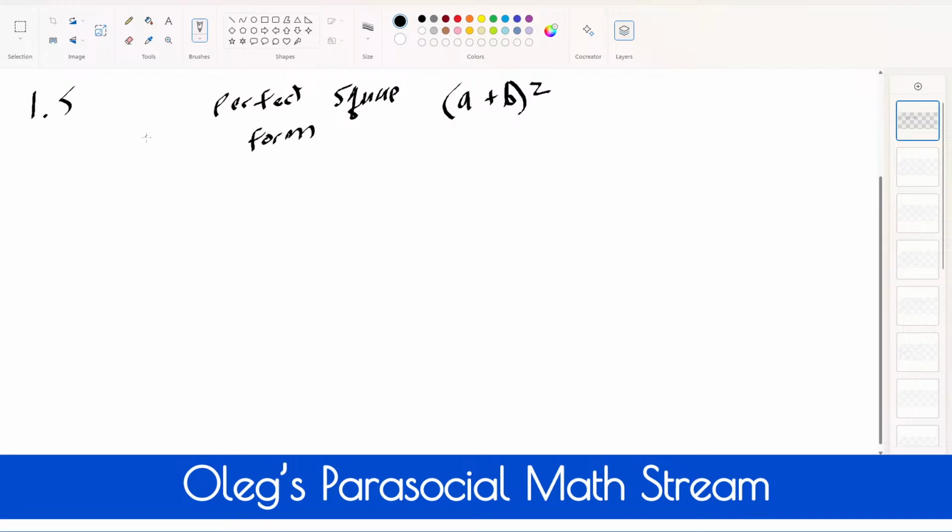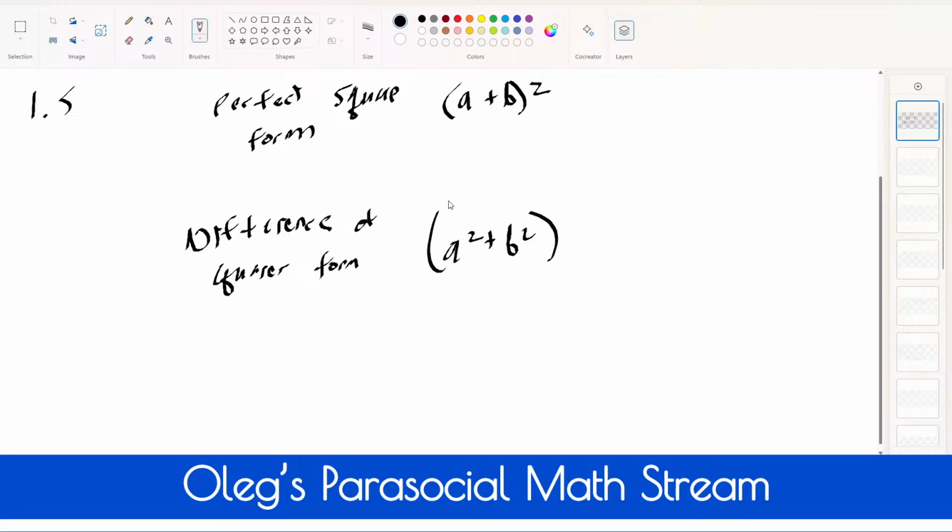And then for the difference of squares, a squared plus b squared, the square is on the inside. So notice it's here versus here.